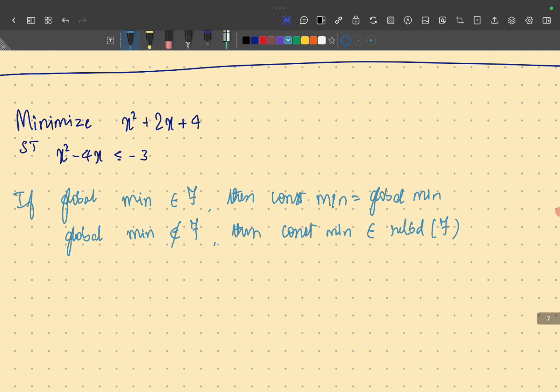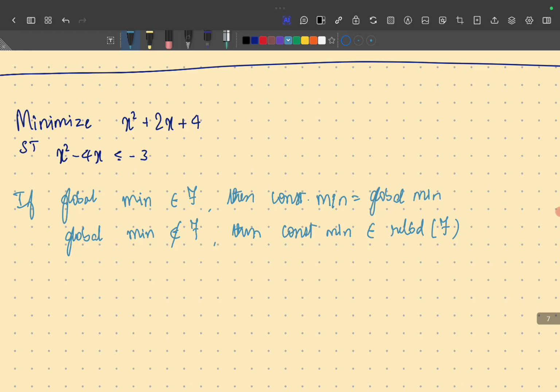Check the intersection points. Basically, take the two graphs, the constraint one and the actual graph that you want to minimize, and check the points at which they intersect. It can either be one or two. What do you mean by the intersection of those two graphs? Which two graphs?